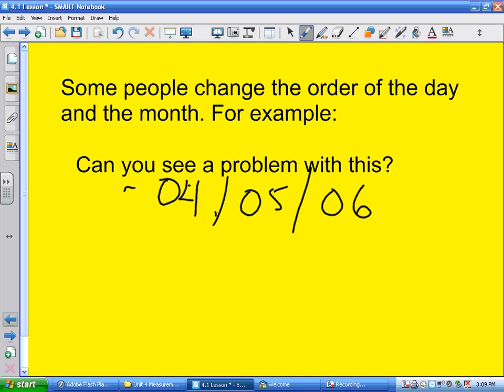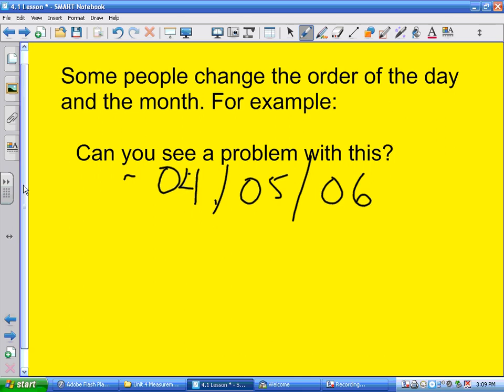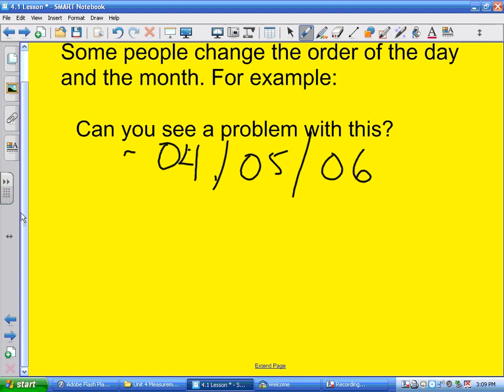Well, first off, Tristan, what date is this? It would be May 4th, 2006. Okay, that's one way of interpreting this. That is correct. What is another way, Lexi?